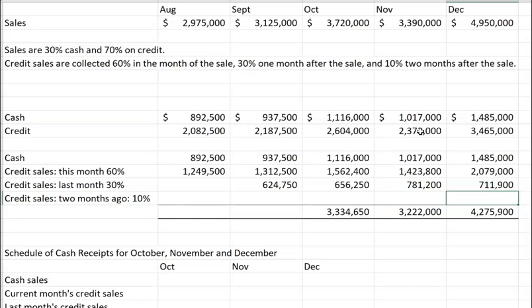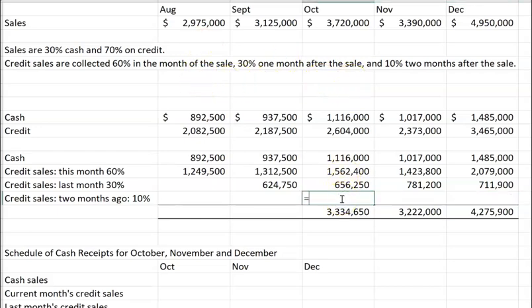So then we've got to look at 10% of the credit sales, which are collected 2 months after the sale. Okay. So 10% of August sales are going to be collected 2 months after August. So 2 months after August is October.